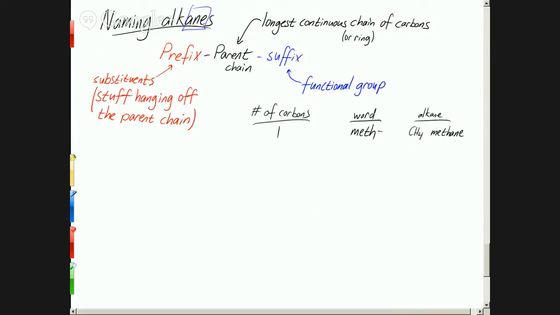This, by the way, is in your book on table 3.2, page 69, if you are following along or if you want to look this up. But we'll just list a few so we can use it for our practice in the next 15 minutes. We're not going to get too far here. So 2 is eth. 3 is prop. 4 is but. 5 is pent. 6 is hex.